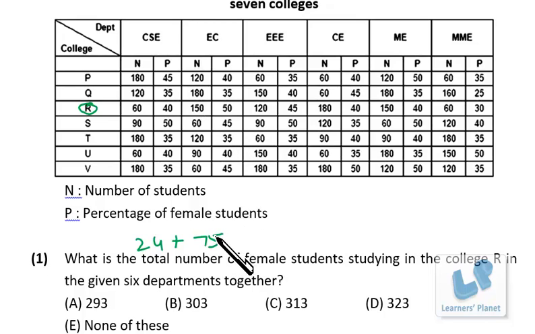The two zeros will be cancelled from 100 in the denominator. So 120 into 45 divided by 100. So this 10 and this 10 will be cancelled. After that, for one more 0 we need a 5 and 2 combination. So I'll take 5 from this and 2 from this. So 5 if I take, it will be 9, and 2 if I take from 12, it will be 6. So 9 into 6, 54.